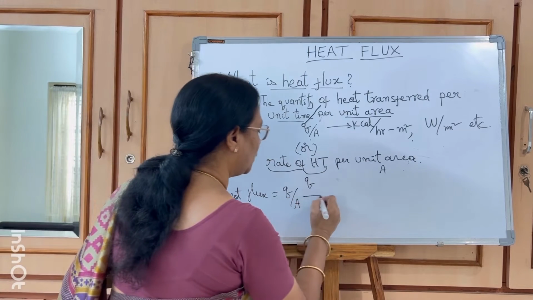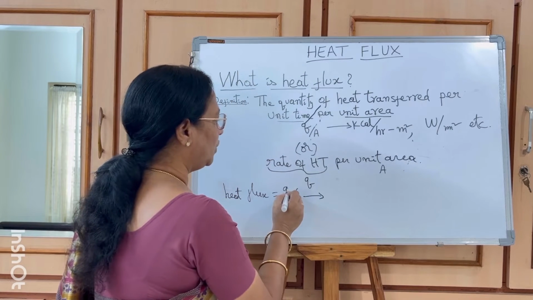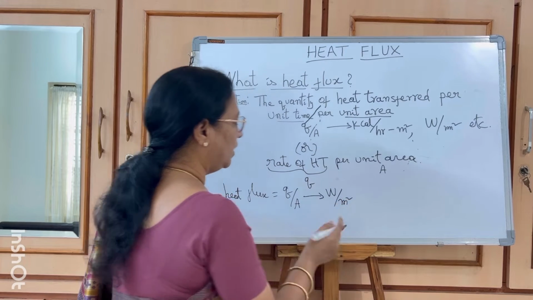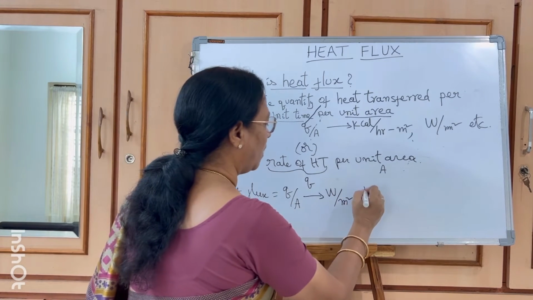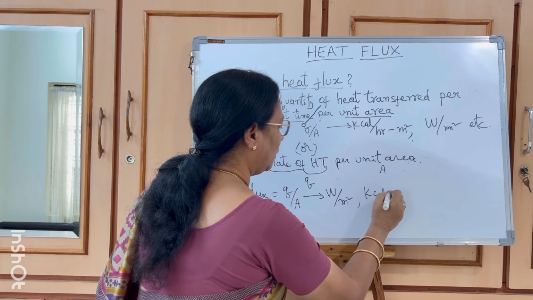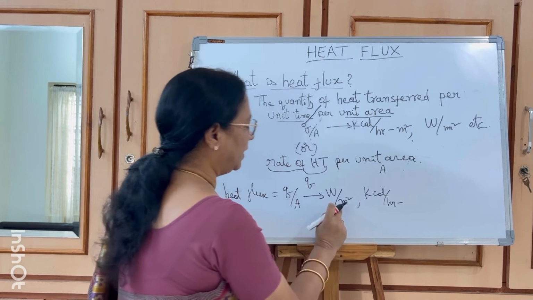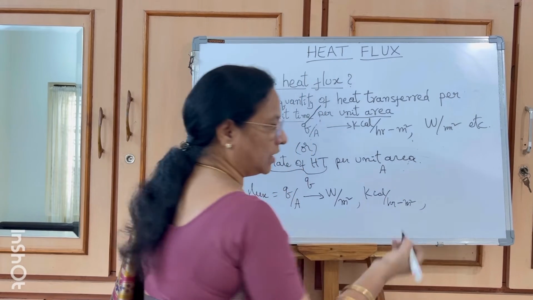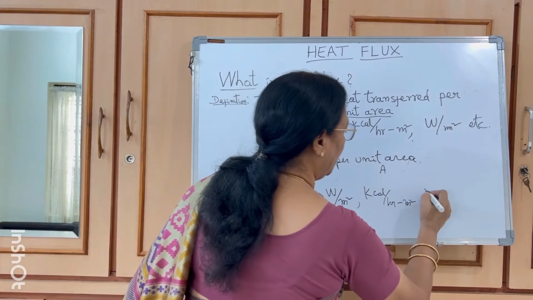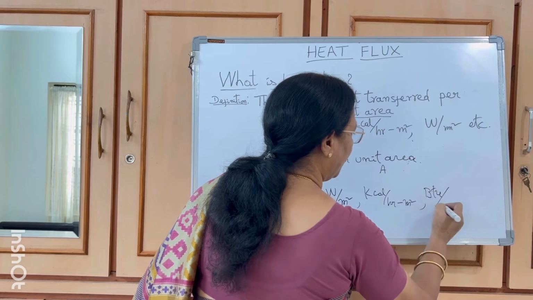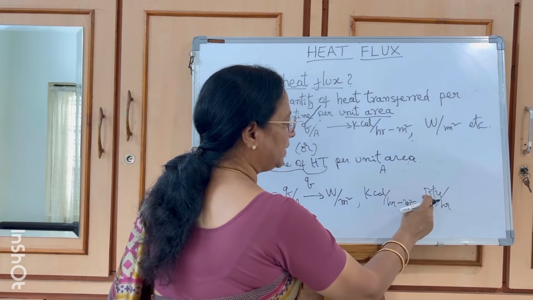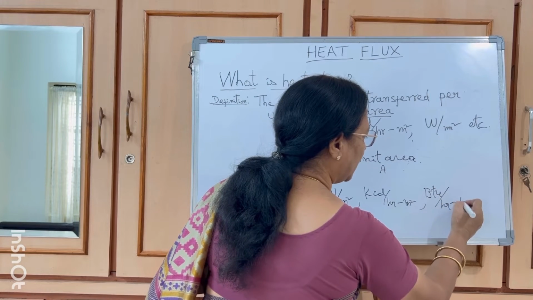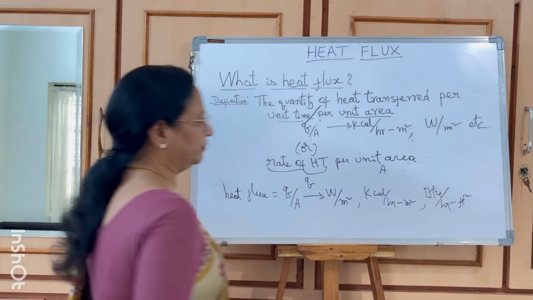So heat flux units are now what? Q units are watts, and A is meter square. So watts per meter square, or Q is kilocalories per hour and area is meter square, or another unit in the FPS system, it is BTU per hour, rate of heat transfer Q, per feet square.